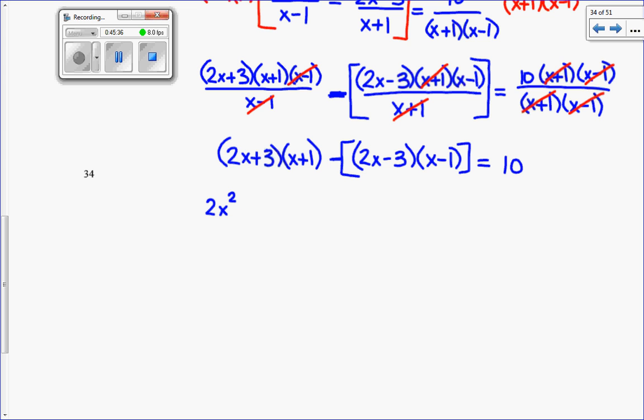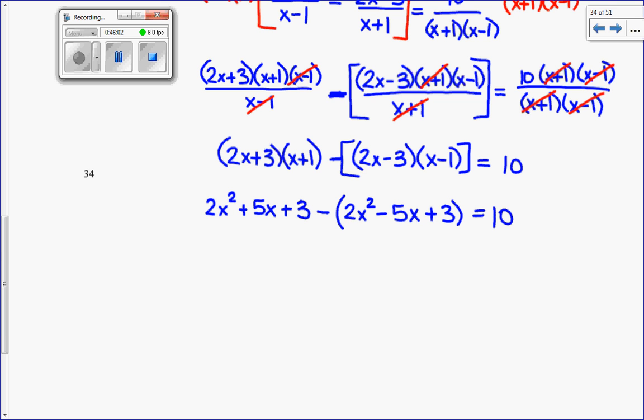I have 2x plus 3x, that's 5x. 3 times 1 is 3. Minus whatever amount this ends up being. 2x times x is 2x squared. Minus 3x minus 2x is minus 5x. Negative 3 times negative 1 is positive 3, and that equals 10.